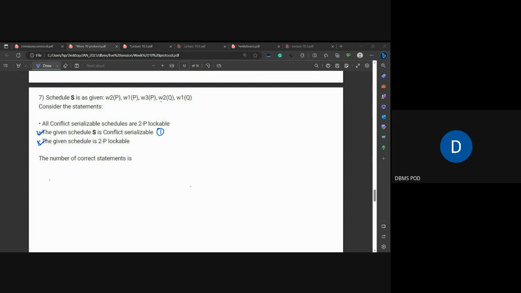Okay, has anyone solved that question? Yes, sir. It's not conflict serializable, but it's two-phase lockable. How can we say that this is not conflict serializable? Sir, because there is a cycle.